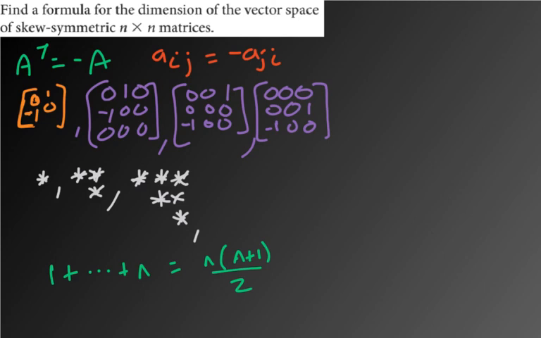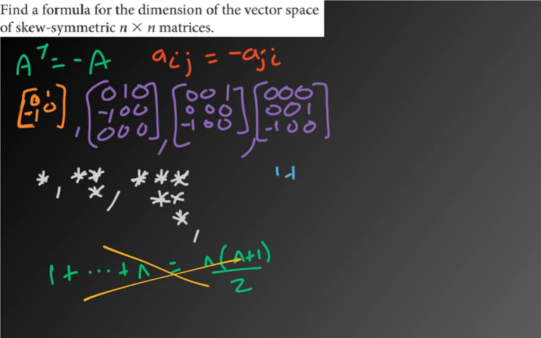But for 3 by 3, we don't have entries for this; it's always going to be a 0. We don't need a 1 there, because it's skew-symmetric. And so we really want to do not the first n, but the first n minus 1.